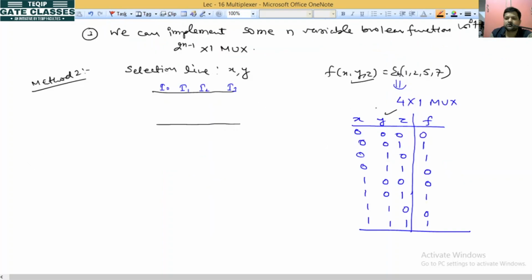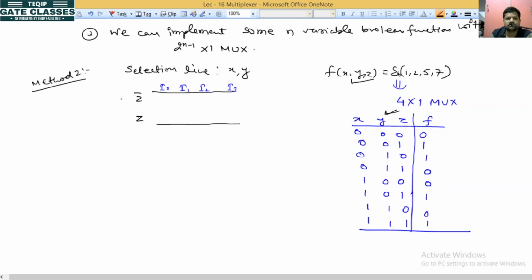If you see here, this is the truth table of the function f. Now you place z bar here and z here, z bar above and z below. Z bar means, if you talk about sum of minterms, then z bar is 0.